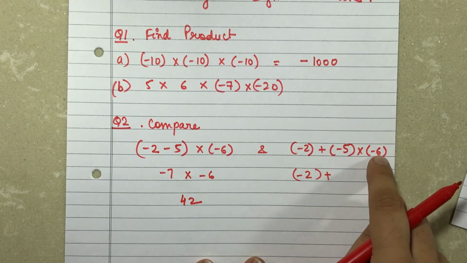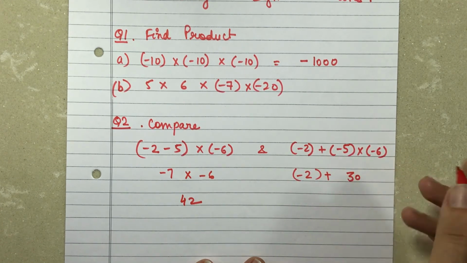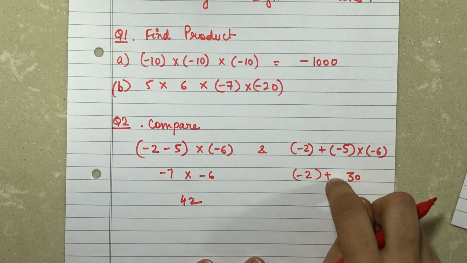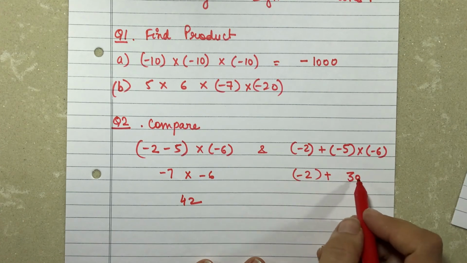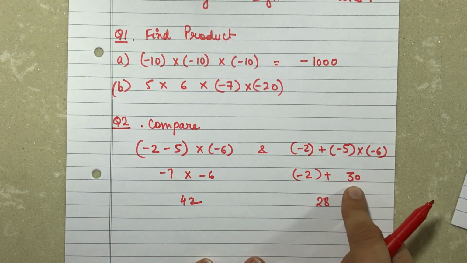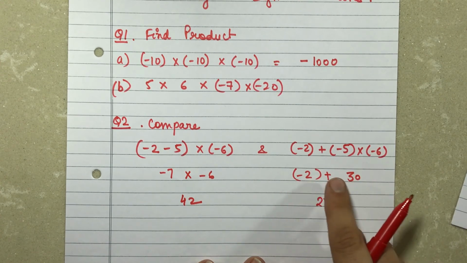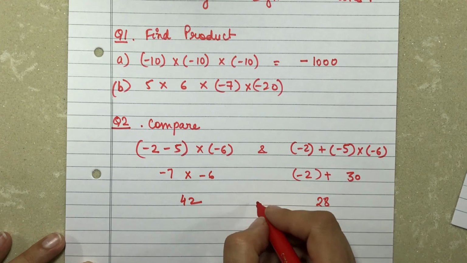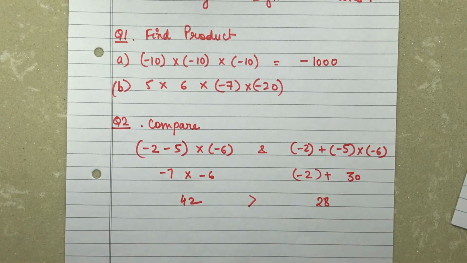Minus 5 into minus 6 gives me 30. Since both the numbers are negative, it's going to be a positive sign. Now minus 2 plus 30 gives me the answer 28. Again, 30 is the bigger number between 2 and 30, so my answer is going to be plus 28. Now which is bigger? Very clearly 42.